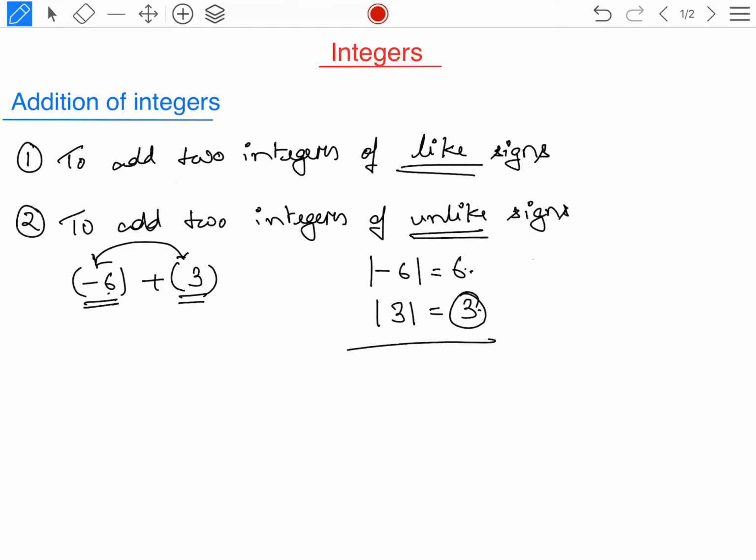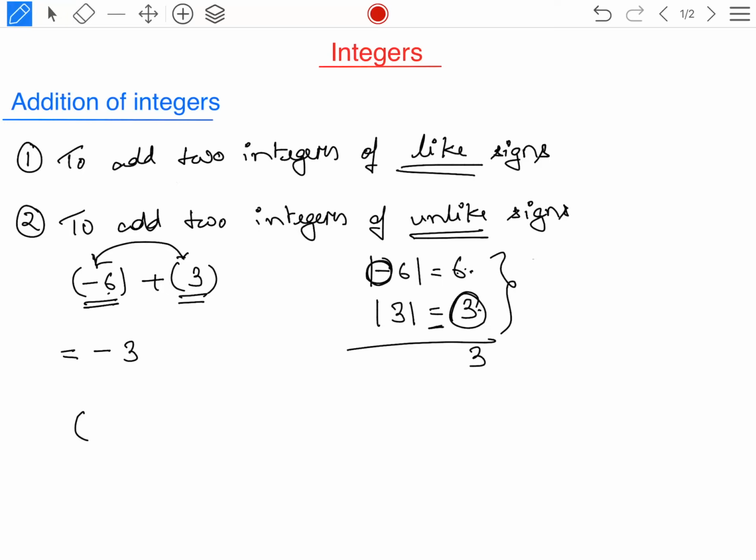So we need to subtract 3 from 6. 6 minus 3, how much? 3. But what symbol will we use? Again look at the absolute values, which one is greater? 6 is greater, yes or no? So we will use the symbol that is given to the greater number. So in this case, we use the negative sign because 6 is greater than 3. So the answer is -3. I think you have understood.